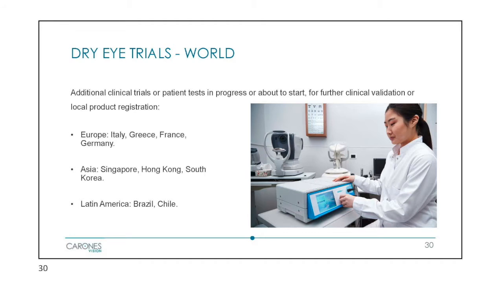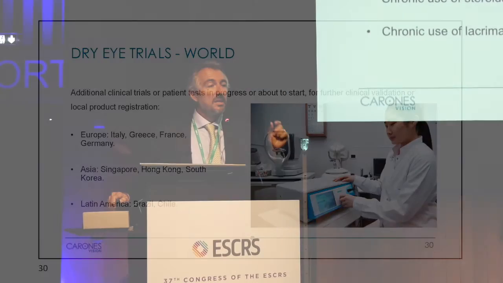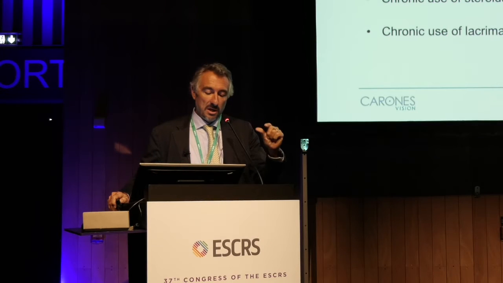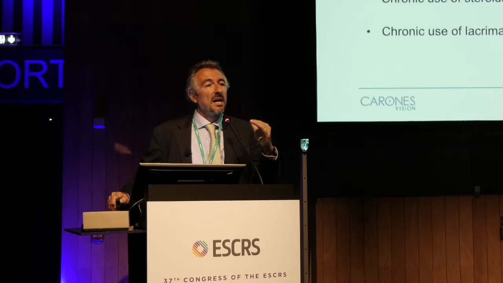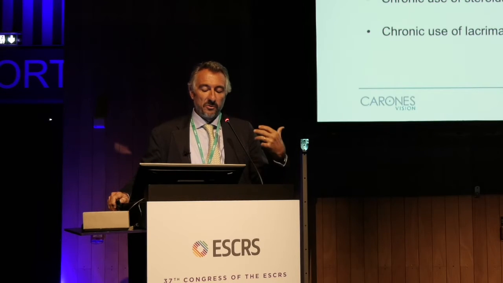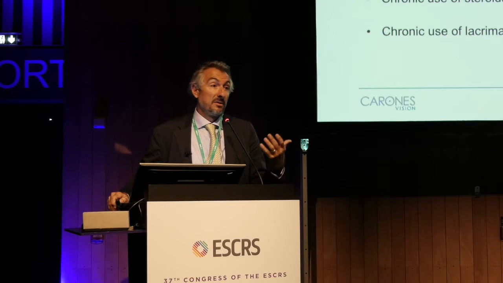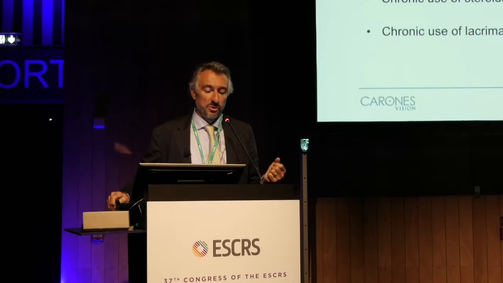So patients with immunological and sometimes endocrinological disease may have low tear meniscus and/or meibomian gland dysfunction, that means a thin lipid layer. These are usually patients that keep on using steroid or cyclosporin for a long period, and of course lacrimal substitute.